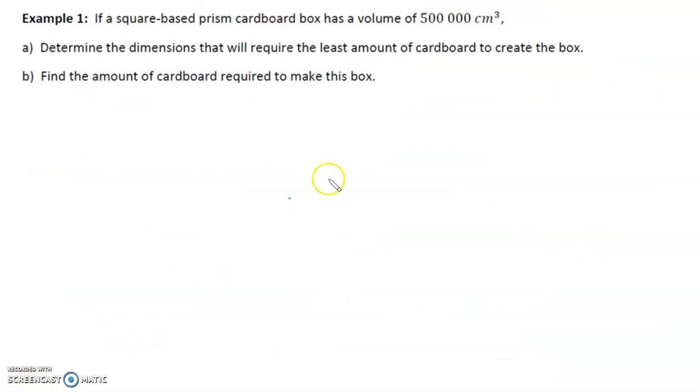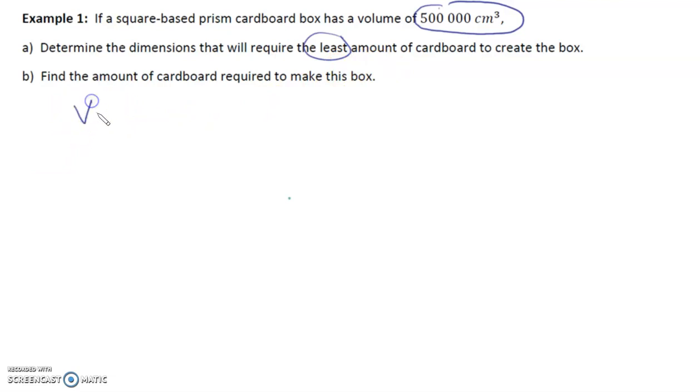Okay, so our first question, example 1: if a square-based prism cardboard box has a volume of this, determine the dimensions that will require the least amount of cardboard to create the box. As soon as we see least, we know that we're going to use those optimization formulas.